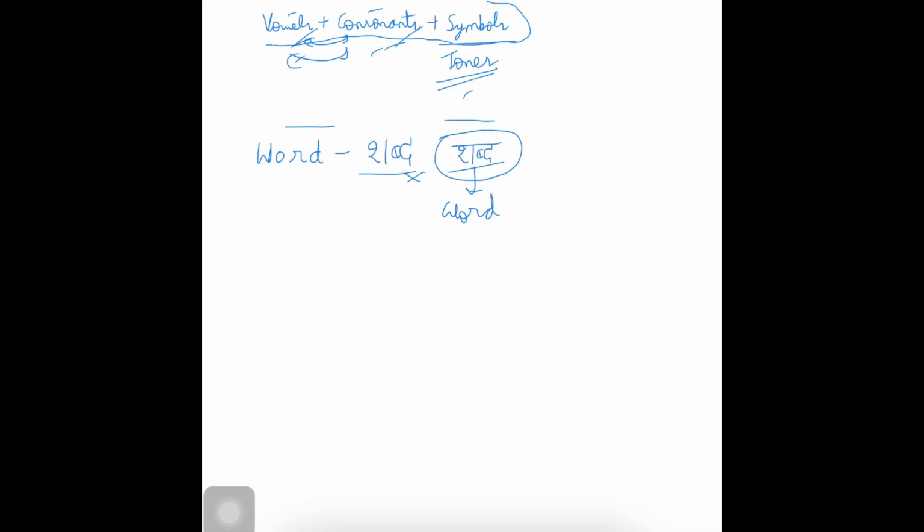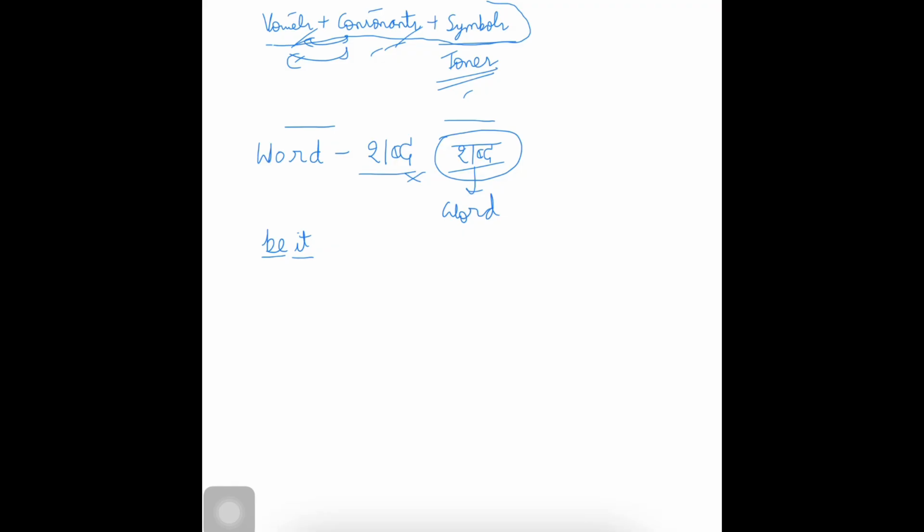Now, while writing in the English language, how are we able to understand that a new word has begun after the completion of one word? For example, I'll write "be it." Some people, as is my habit also, join more than two alphabets together, like "be it."